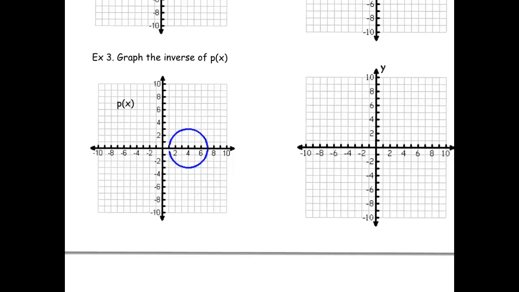A circle. We haven't graphed circles yet. That's okay, I gave you the graph. I think it's a good idea to start with the 4 points that are pretty noticeable on this circle. So I'm highlighting them right now. Remember, you could actually make the graph without making the table. I could do that right now to demonstrate for you. So if I start with the point 4, 3, and switch those, I'm going to get 3, 4.